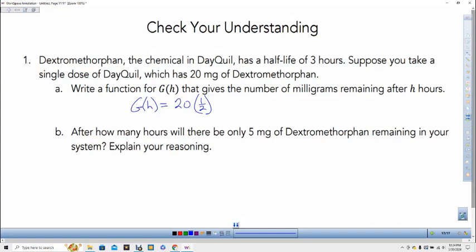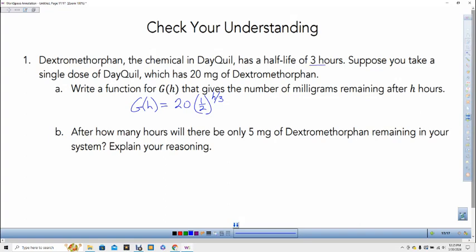Well, if h is hours, we're going to do that every 3 hours, so we're going to multiply by 1/2 to the h divided by 3. So once we get to 3, we're now going to have a value of 1 for that exponent, and 20 is going to be multiplied by a whole 1/2 to the first power. After 6, then 1/2 is going to be squared. You'll have 1/4 times 20, and so forth and so forth.